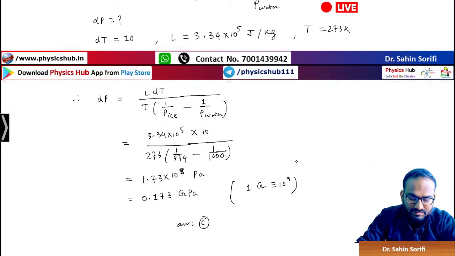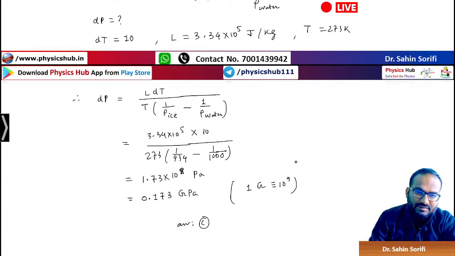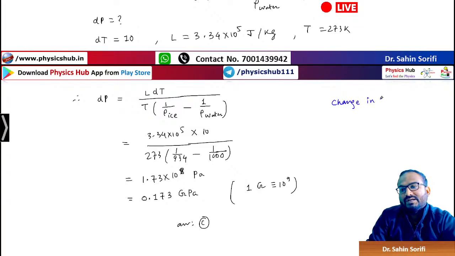You don't need to change dT in Kelvin because change in Kelvin is equal to change in the centigrade scale. It is not that 1 degree Celsius is equal to 1 Kelvin; rather, a change of 1 degree C is equal to a change of 1 Kelvin.